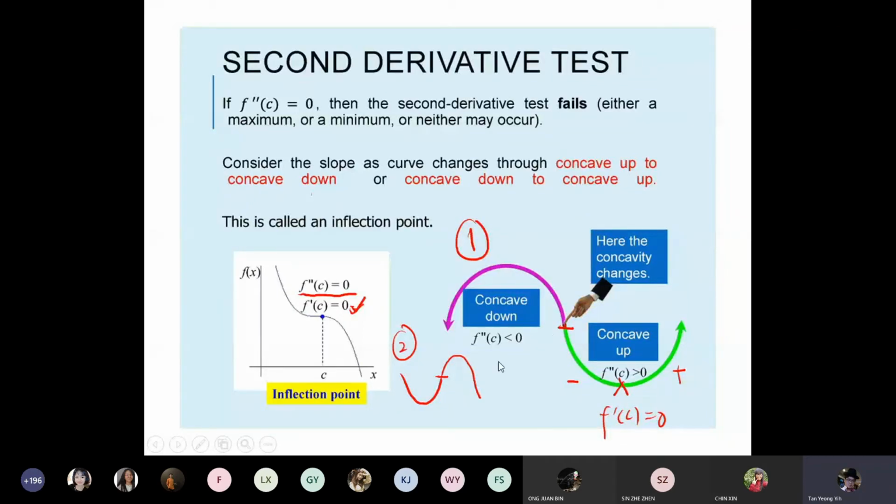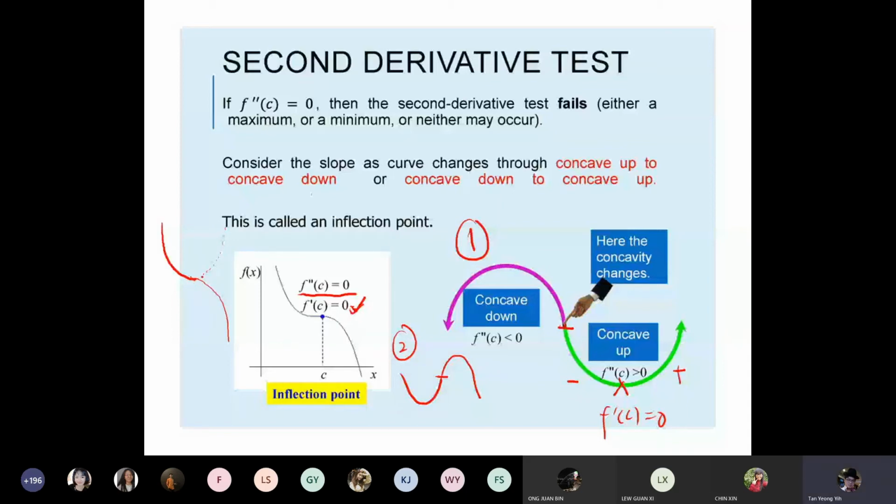Now, another type is like this. The graph is supposed to come to this point, and after this point it should go up, but the graph does not go up, the graph goes down.